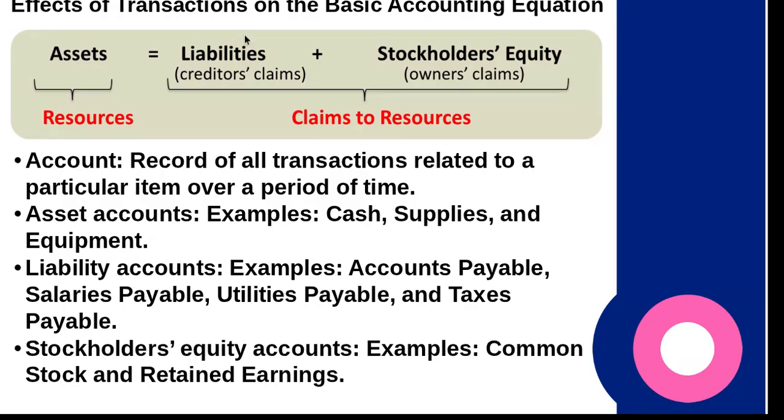Okay, so what is the effect of these transactions on the accounting equation? You see, an account records all transactions related to a particular item over a period of time. We discussed that last time. So asset accounts, for example, cash, supplies, and just what I've just discussed now. So we don't need to waste further time on this slide.